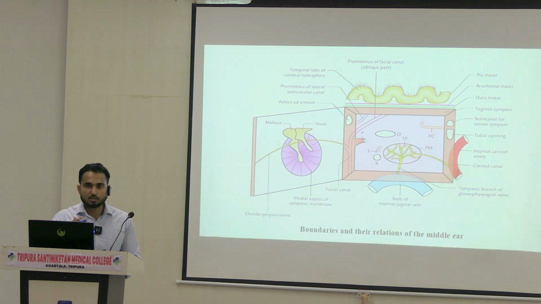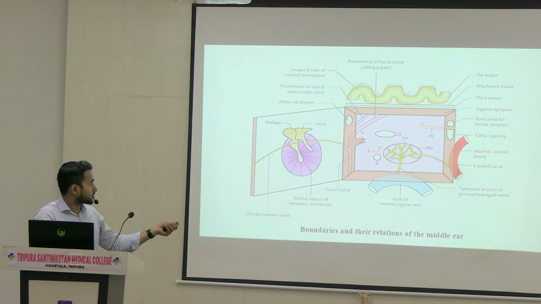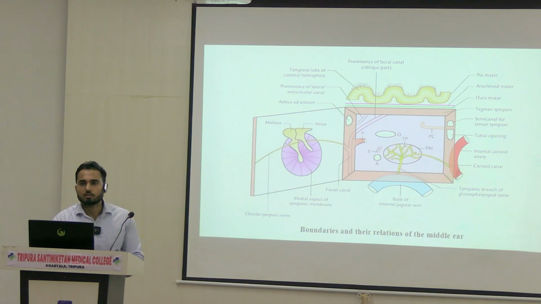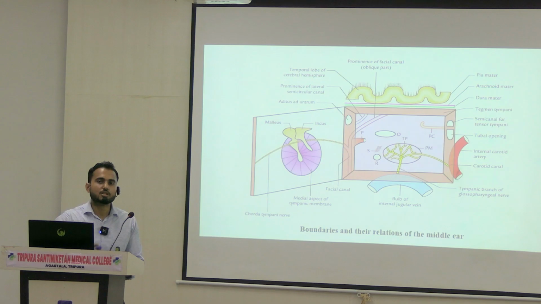That vibration is carried to the internal ear through these windows. That's why these windows and the medial wall are very important. Like this, the sound waves travel into the inner ear, and then the electrical impulses are produced and further processed in the inner ear.